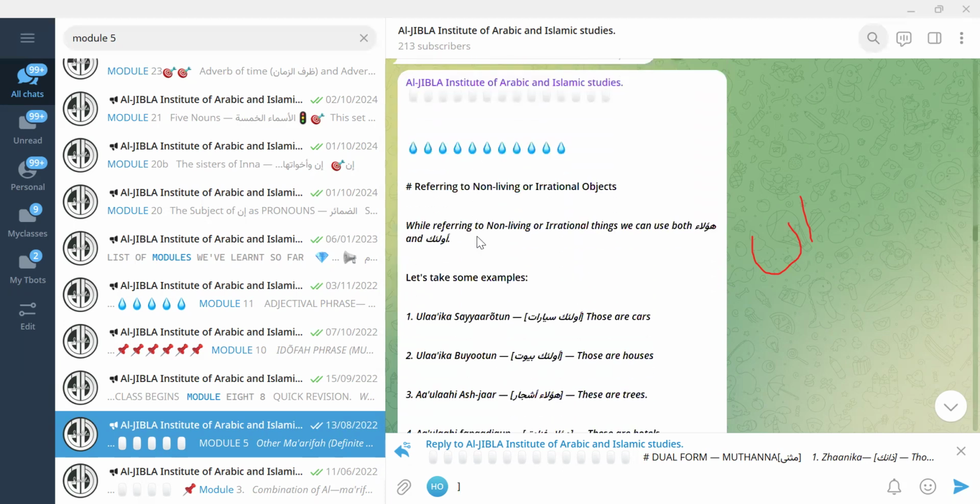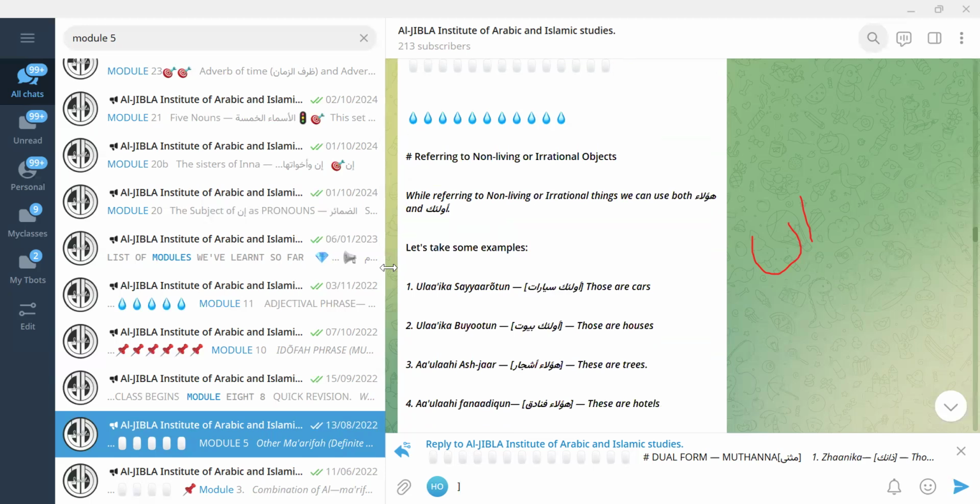Now let's look at this: referring to non-living or irrational objects. We said we can use ha'ula and ulaika as well. It's permissible, but commonly we use these two pronouns for rational beings.